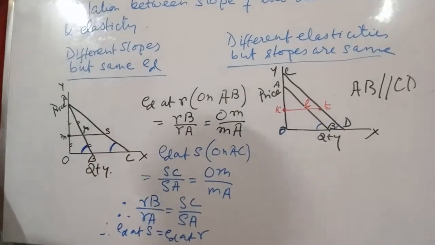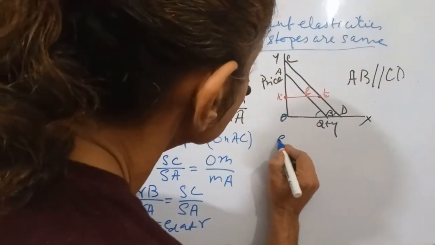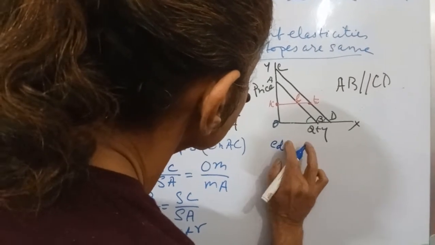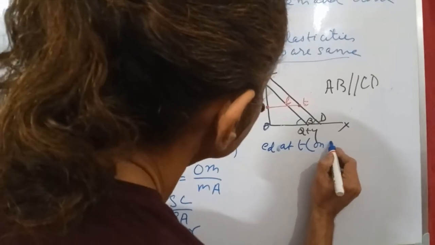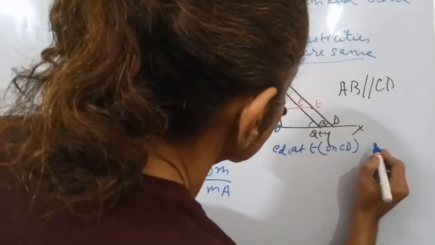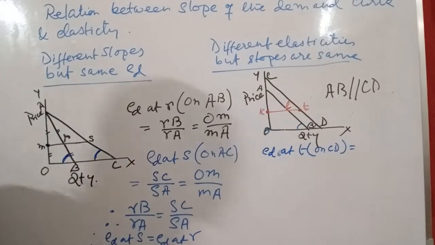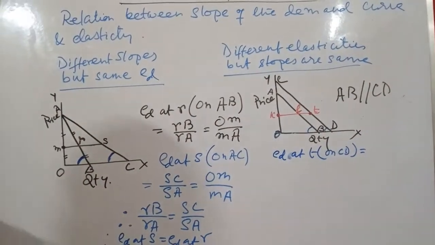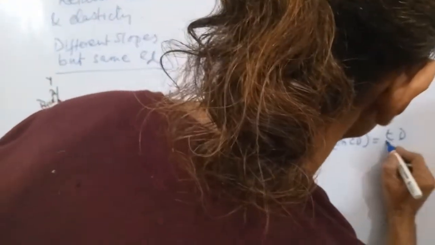Now consider elasticity at point T. Elasticity at T on CD is equal to lower segment by upper segment, that is TD by TC.